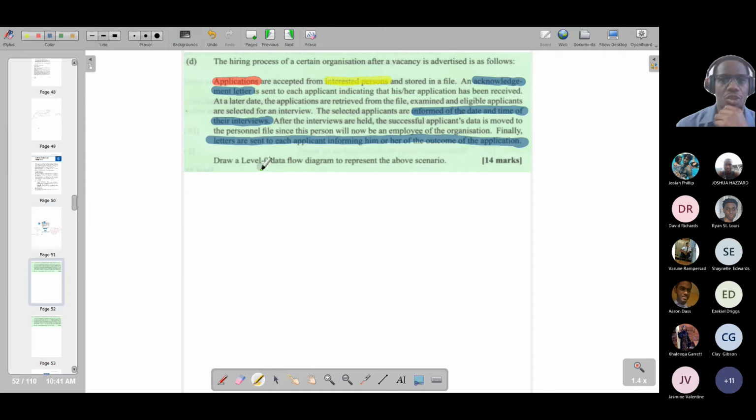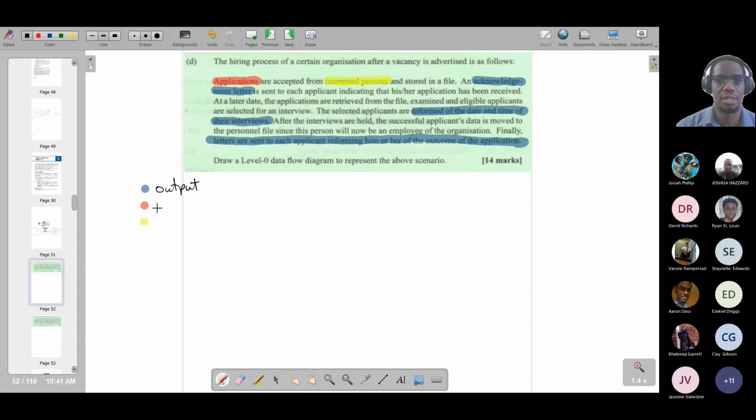Okay. So let me just put a blue dot here, a red dot here, and a yellow dot here. We can see that the blues are outputs. I end up writing in red, but I don't really like writing in red. Right. So the applicant's data moving into the personnel file wouldn't be an output? Well, no, because that is within the system.